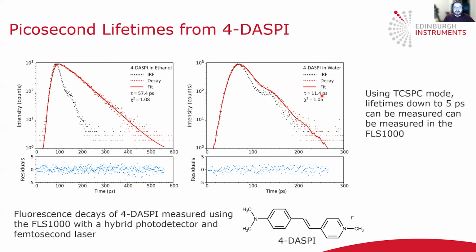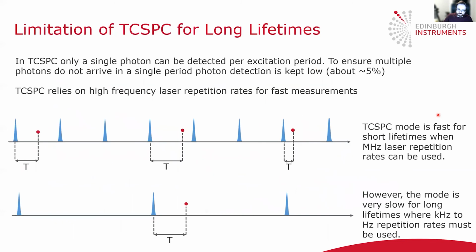So this demonstrates the ability of TCSPC mode to measure extremely short fluorescence lifetimes down to 5 picoseconds. So TCSPC is the technique of choice for measuring short fluorescence lifetimes.